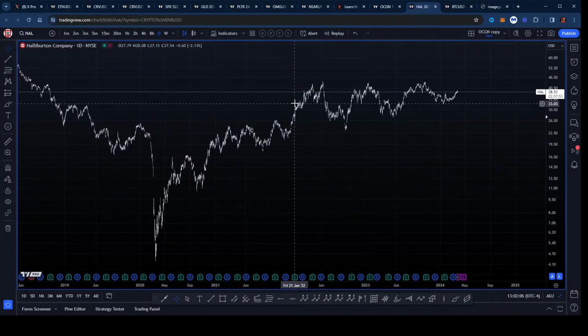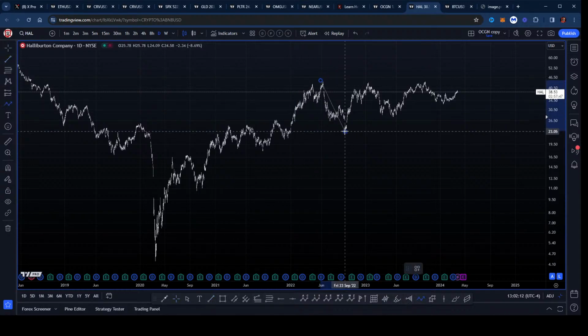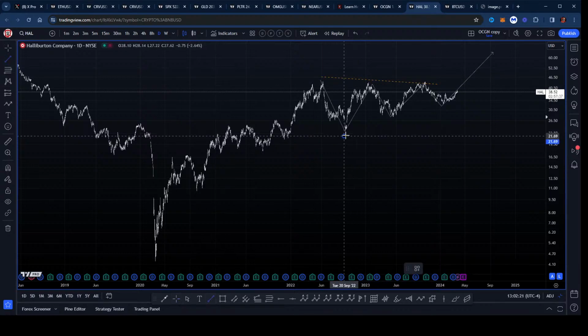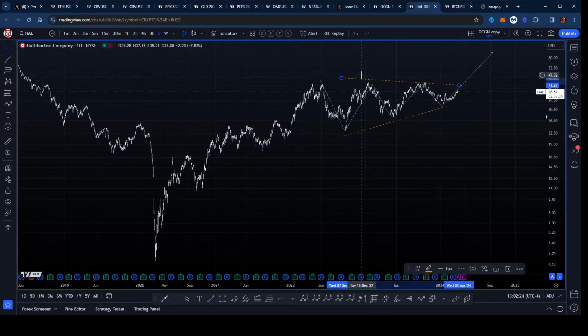Just looking at it, your eye will likely start to see. This sure looks to me like I'm in some sort of a triangle here, right? I'm just eyeballing it right off the bat.